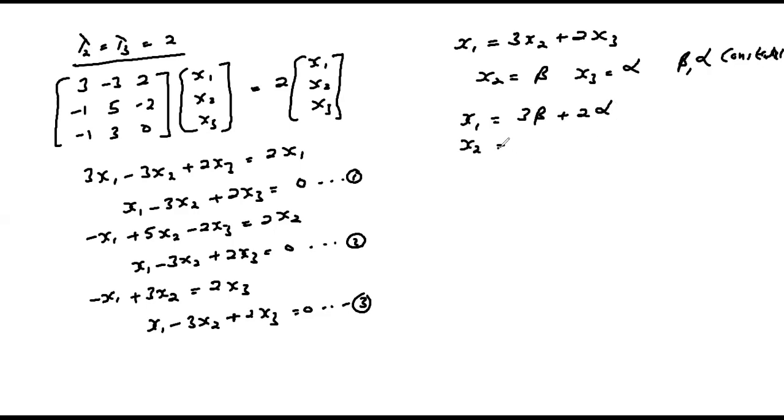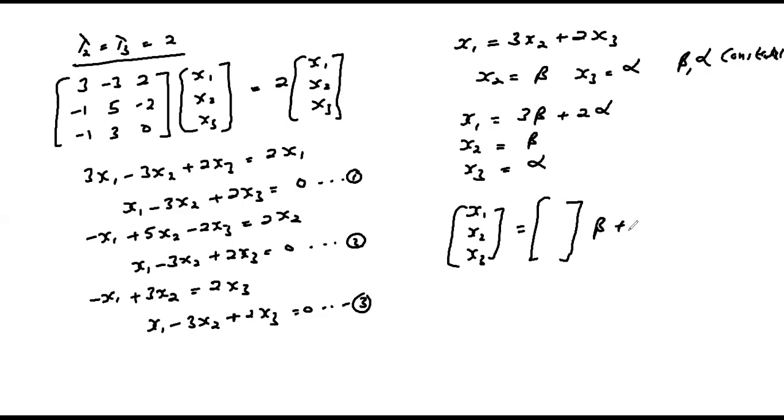Then x2 is beta and x3 is alpha, from which we can write the vector x1, x2, x3 as a matrix multiplied by beta plus a matrix multiplied by alpha. So x1 is 3 beta and 2 alpha.